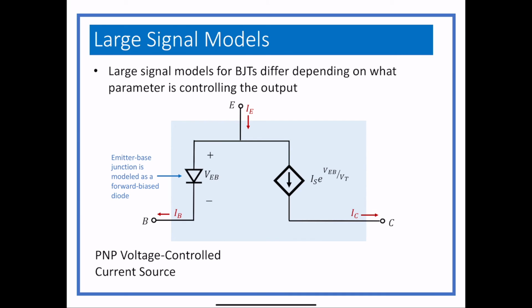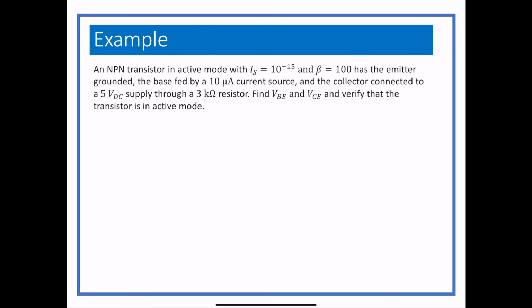And then I'm just going to do a short example of how to put things into the model. So let's say we have an NPN transistor in active mode. So we know that beta is going to be whatever we say it is. We have the saturation current is 10 to the minus 15 and beta is 100.